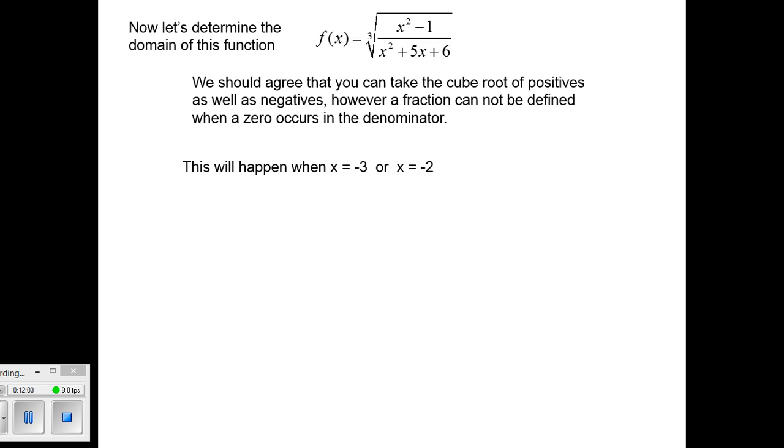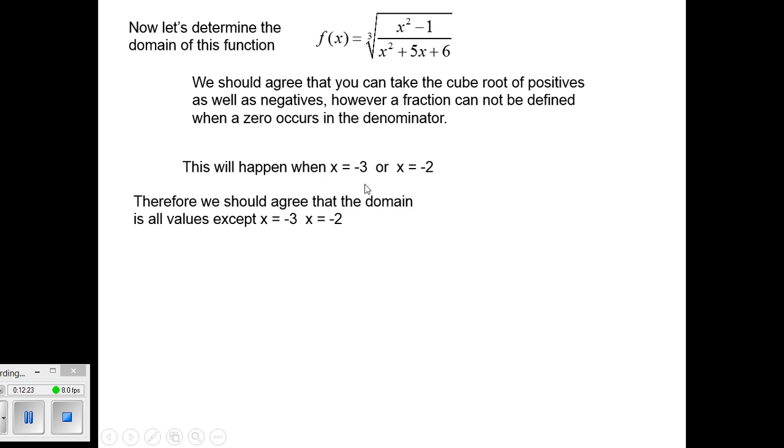Since it's a cube root, the cube root of a negative is defined, as is the cube root of a positive. So the only restrictions we had to worry about were the denominator zeroing out, which occurs at these values that we got from the factors, which are -3 and -2. So therefore, this is what the domain is not.